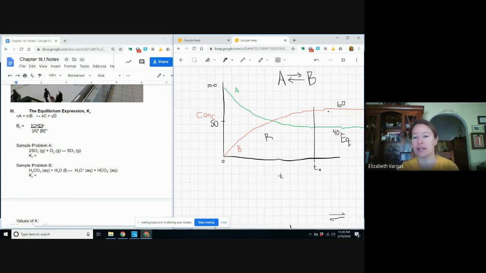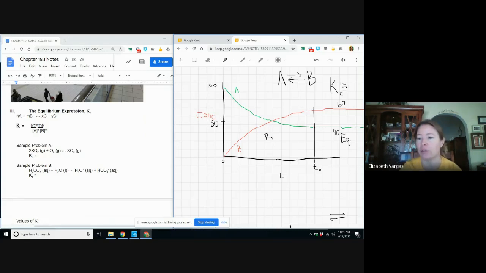Okay, so somebody decided that we were going to define the ratio as the product on top. So K for this reaction, and we put a little C down here to show that we're talking about the concentration, because you'll see in the next one we can do pressure as well, but C is for concentration.